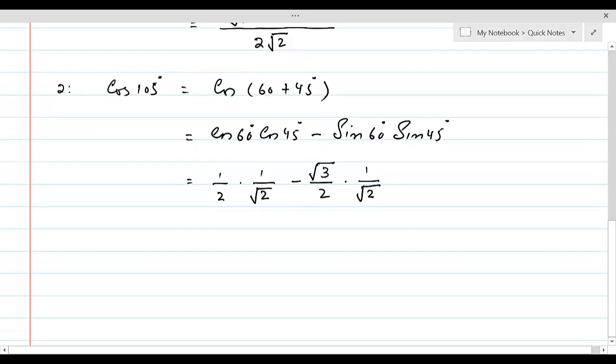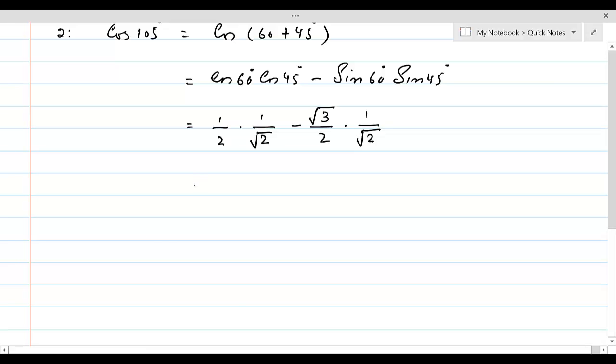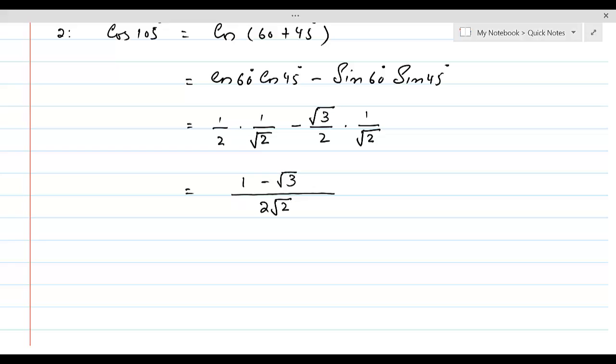Just the same way we did before, we take the LCM, which is 2 into root 2, and this will be 1 minus root 3. So we can find values for angles which are not well known, but they could be written as a sum or difference of the well-known values on the unit circle.